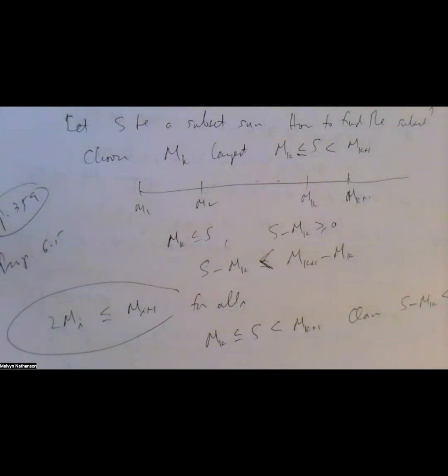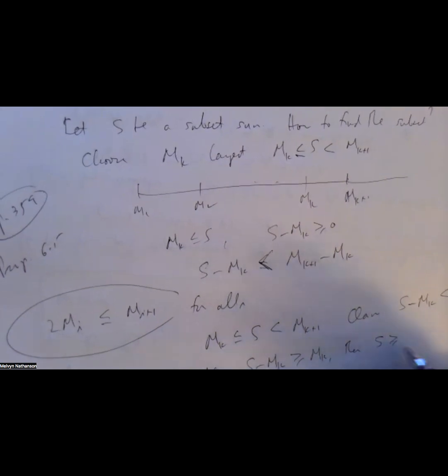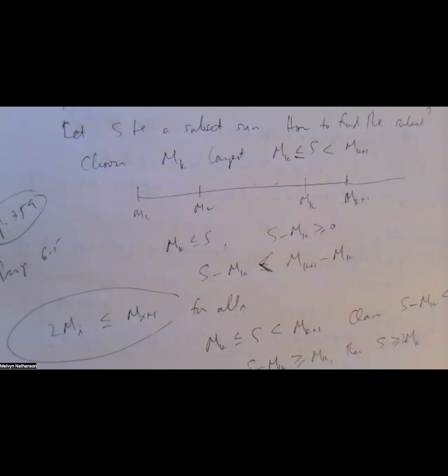And the proof is that if s minus m sub k is greater than or equal to m sub k, then s is greater than or equal to 2m sub k.